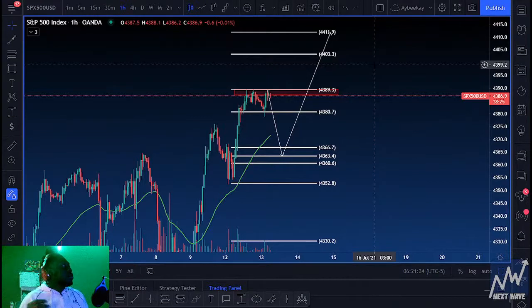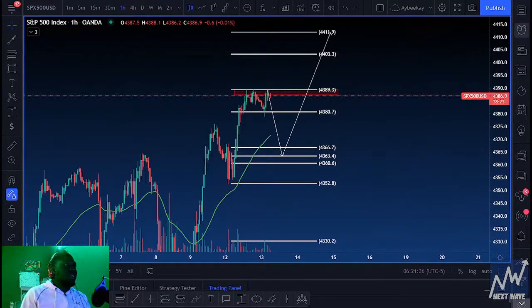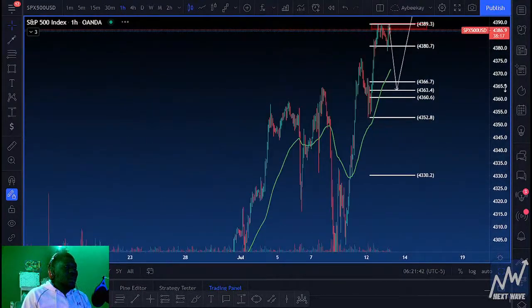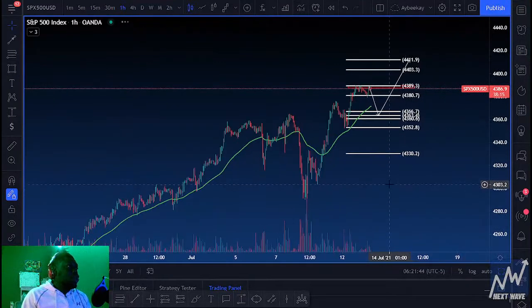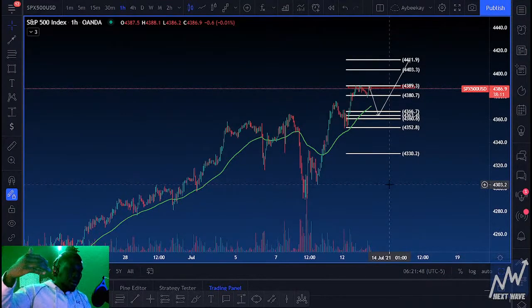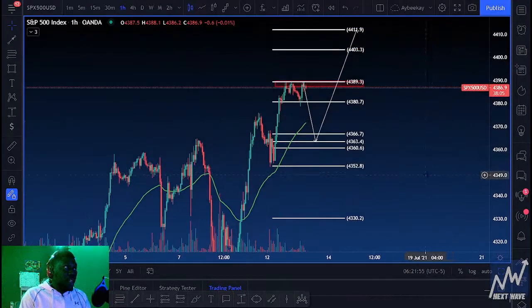So, I mean, that's just what I feel personally about the S&P. I would rather look for this type of move if that's what's going to happen. But again, with what Peyton said yesterday, usually when the U.S. indices make a higher high, like an all-time high, they usually dip and fall down, and then they go and make another higher high. So that's something that you could definitely watch out for.